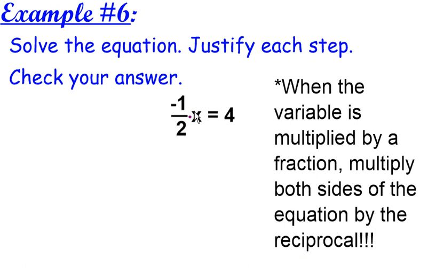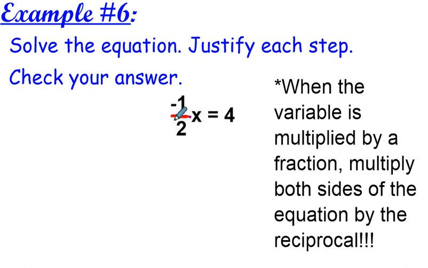And that's going to remove that -1/2. And here's the reason behind it. Ultimately, a fraction is really just two things. You are multiplying by -1, and you are dividing. A fraction bar is the same thing as the division bar. So this is really multiplying by -1 and dividing by 2 in one step.